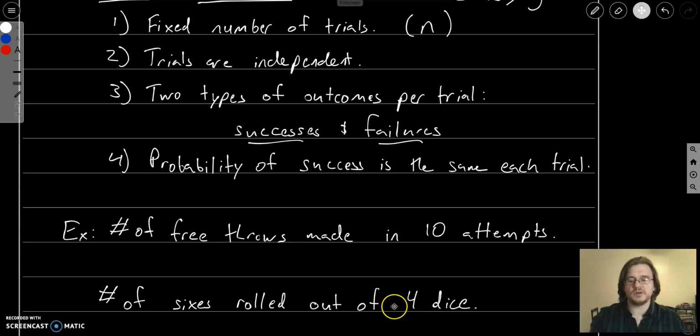And even though there are 6 sides to a die, if we're only counting the number of sixes, we could call a 6 a success, and anything that's not a 6 is called a failure. So even though I could also count the number of 1s, 2s, 3s, 4s and 5s, in this situation, if I'm just counting the number of 6s, anything that's not a 6 would be considered a failure and we'll only count the successes.